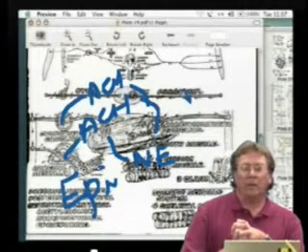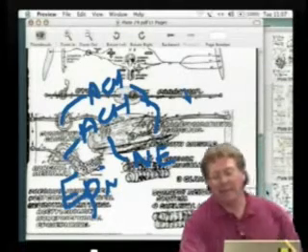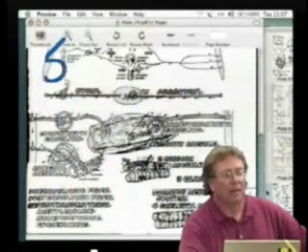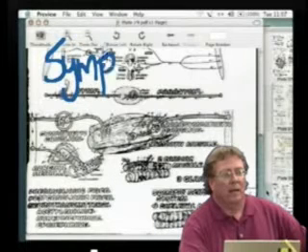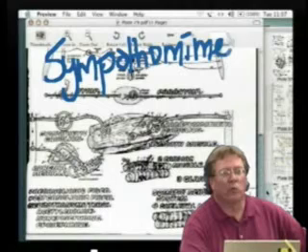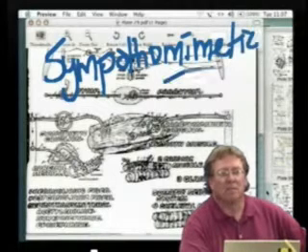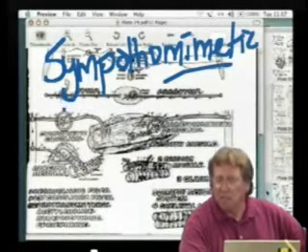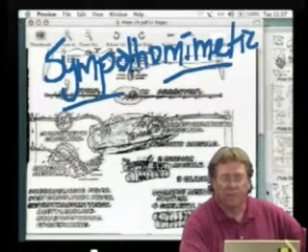We call epinephrine a sympathomimetic. A sympathomimetic is a compound that mimics action of the sympathetic nervous system.